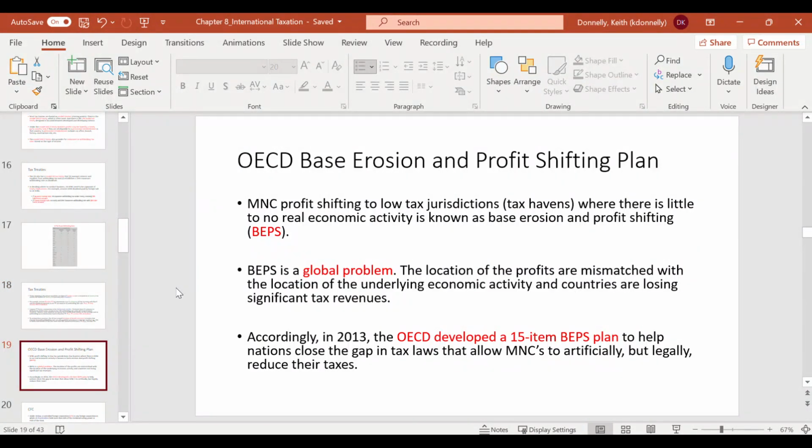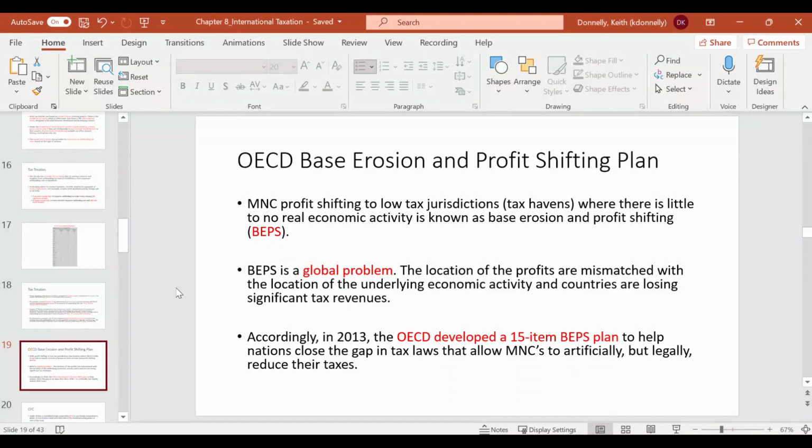So MNC profit shifting, basically like in the situation we just looked at with Brazil, the Netherlands, and the US, or the prior example with Brazil and Mexico, is shifting the profit from a high tax to a low tax jurisdiction using tax havens when there's really no economic activity taking place.